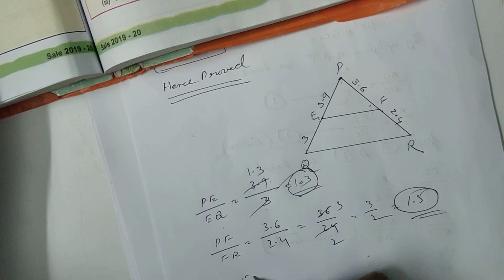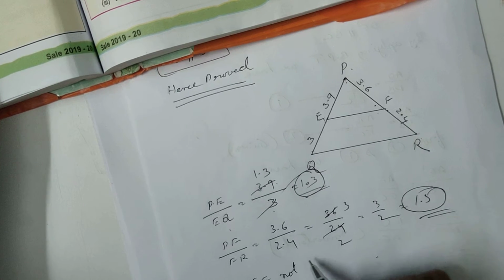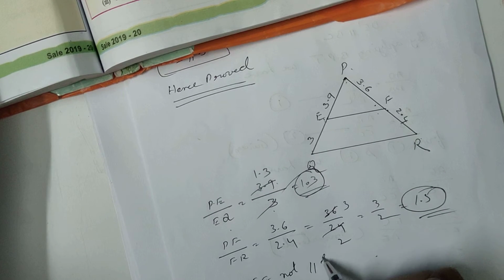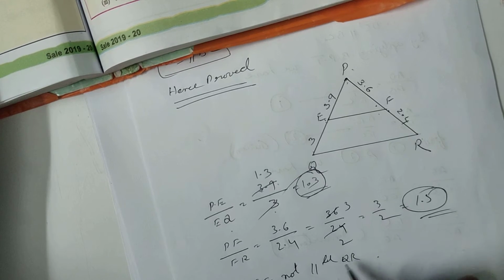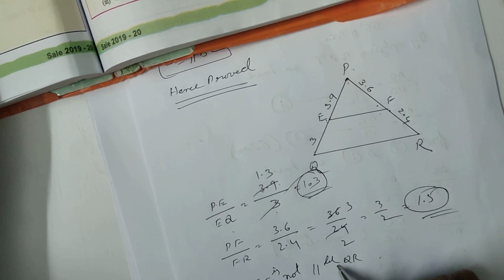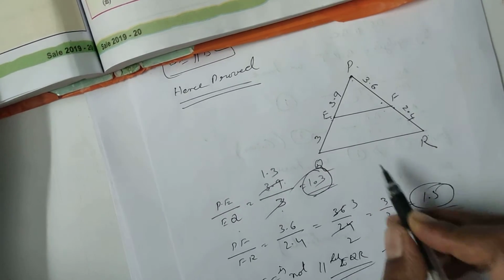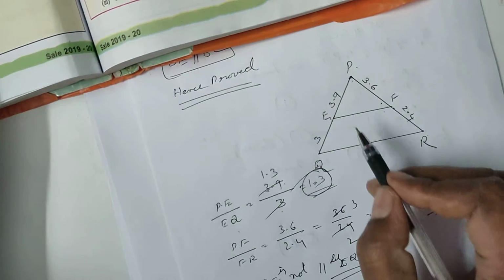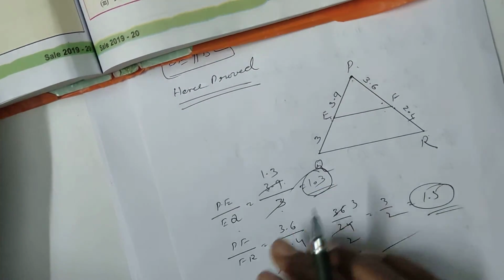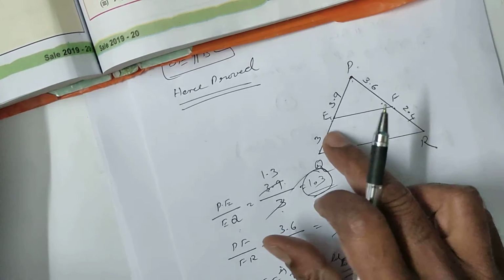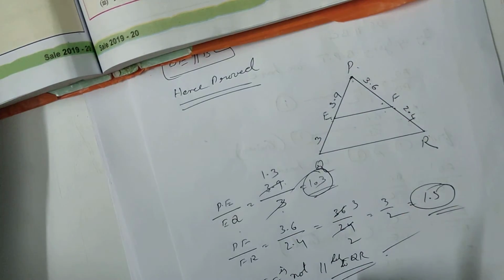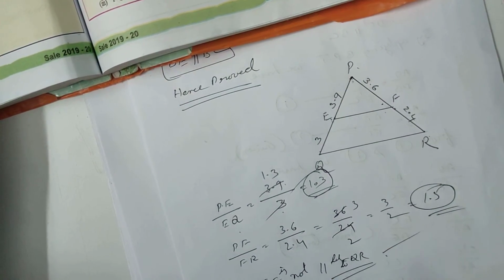Therefore, EF is not parallel to QR. These two are not parallel lines. How did you say that? Because EF is not dividing PQ and PR in the same ratio.